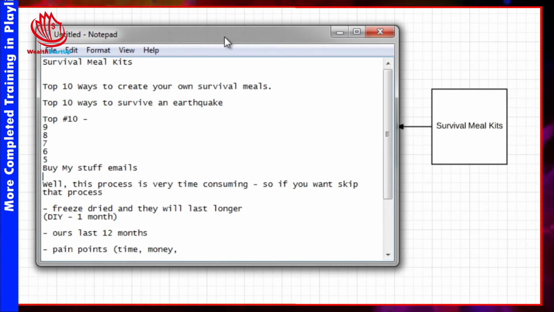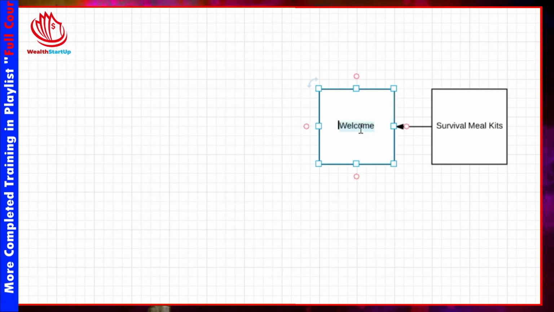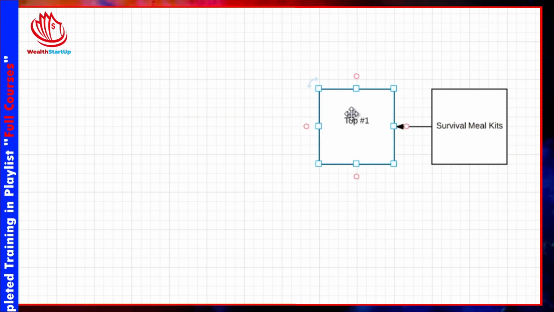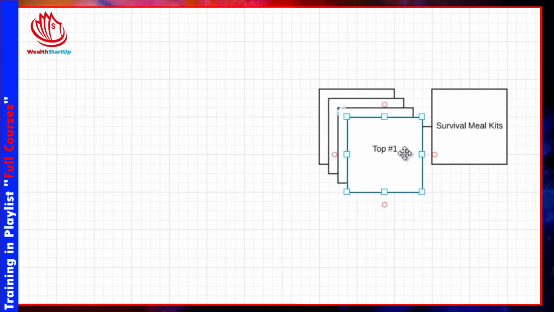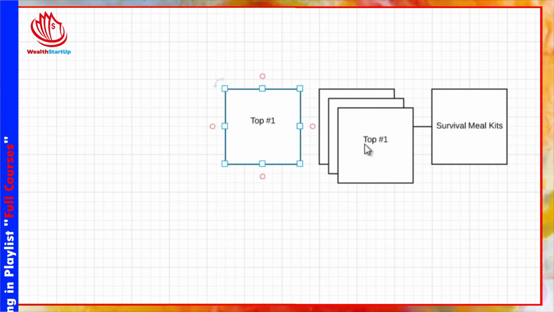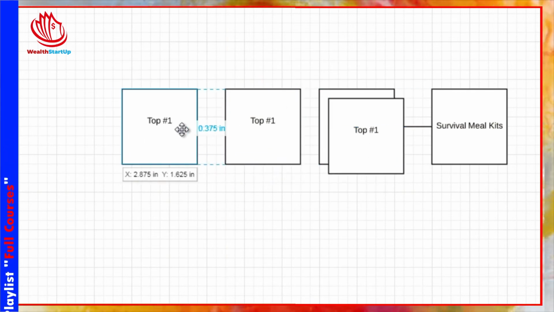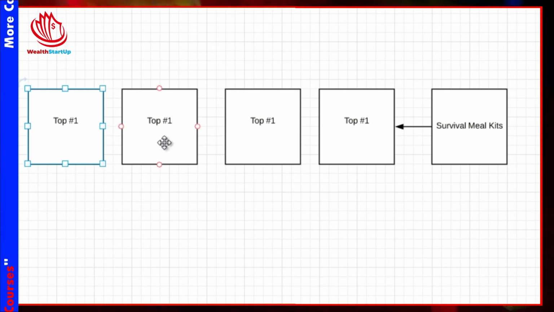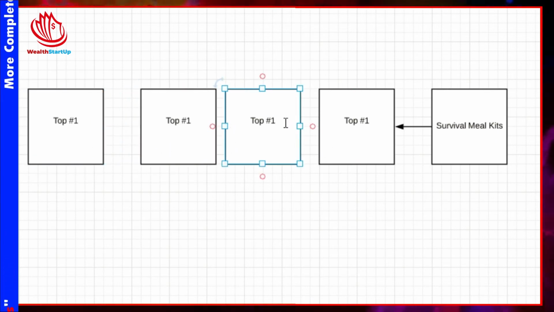By working backwards, we can say this can be top number 1, and then this can be 2, 3, 4, and 5.